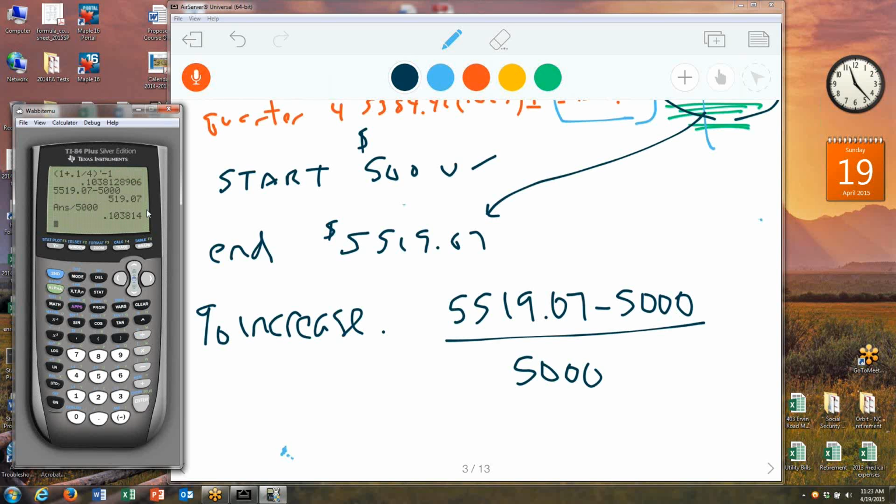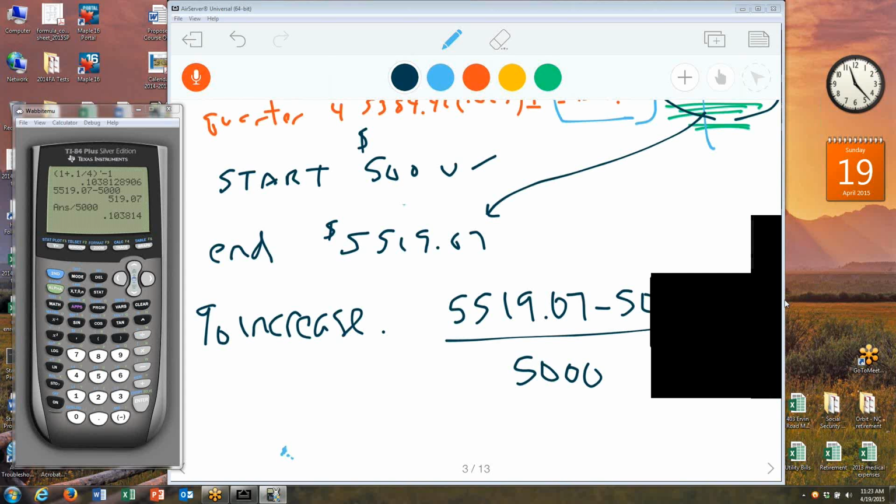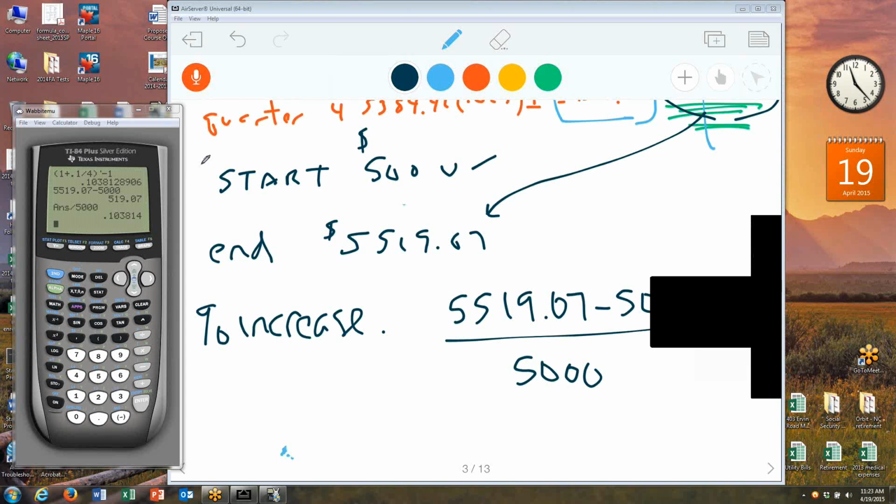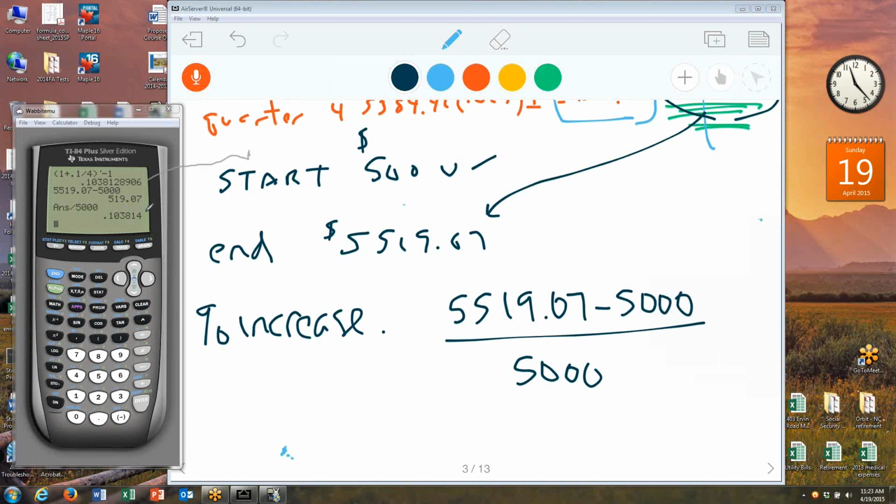Look at that. Compare these two numbers. That's the percent we got using the formula, and this is the percent increase we figured out ourselves. So it is slightly more than 10%.